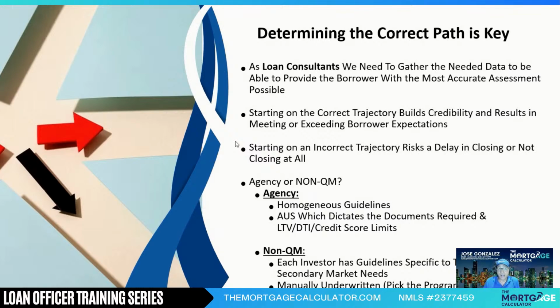And on your agency loans, AUS, automated underwriting, DU and LP, is going to dictate the documents required and the LTV, DTI, and credit score limits. Because on the agency loans, you're going to have your matrix, which is going to be for your manual underwriting type of stuff.